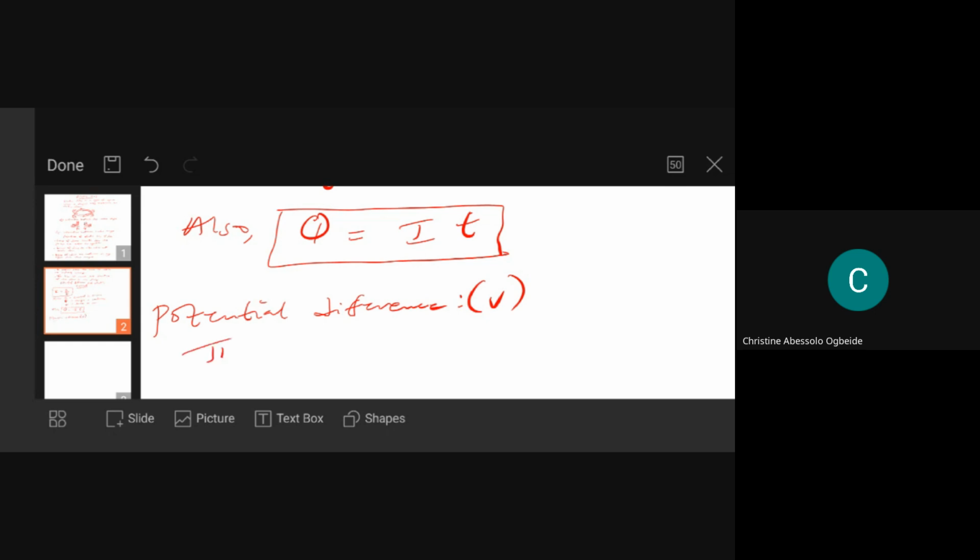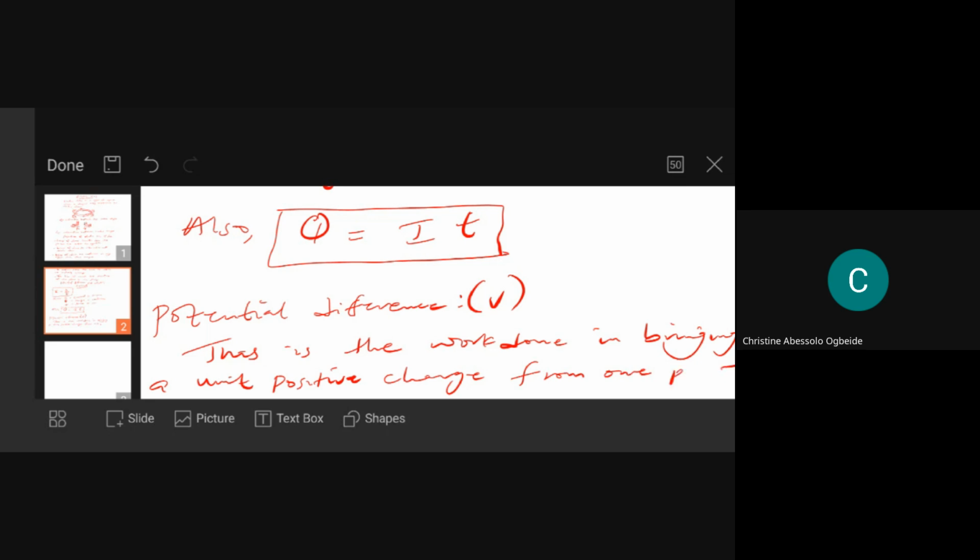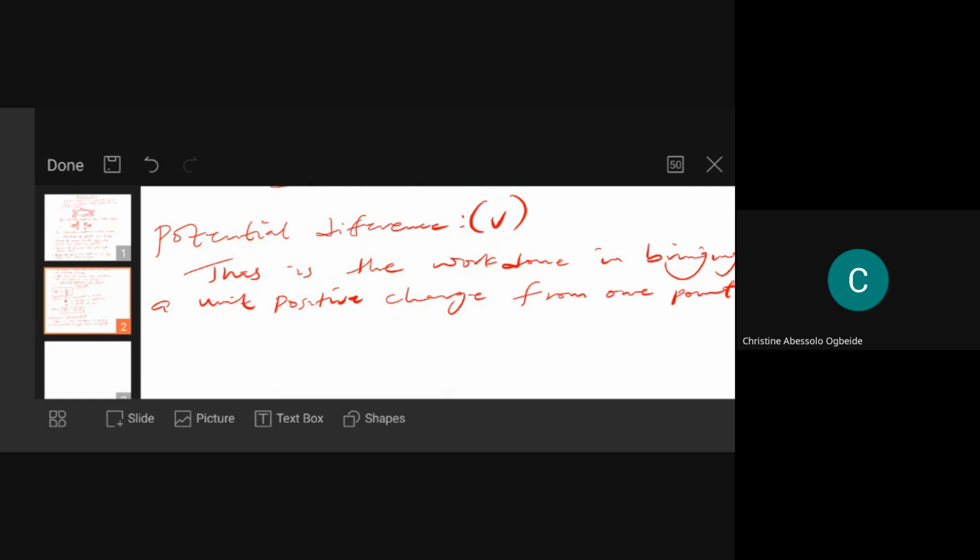So this is the work done: the work done in bringing a unit positive charge from one point to another point in an electric circuit.